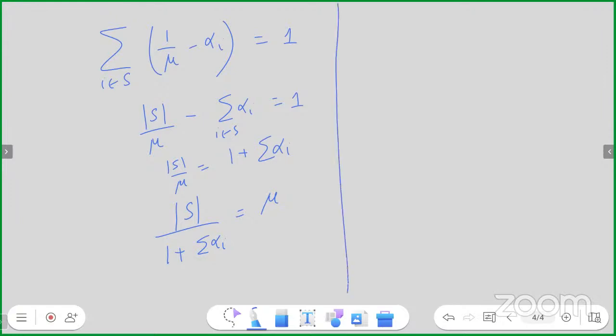The way to start this: put S equal to the full set 1 to n. Now you compute this. For whichever values where 1 by mu happens to be smaller than alpha i, you remove them. So let's call that S equal to S without the set for which it became negative.